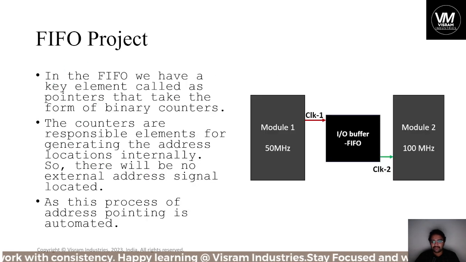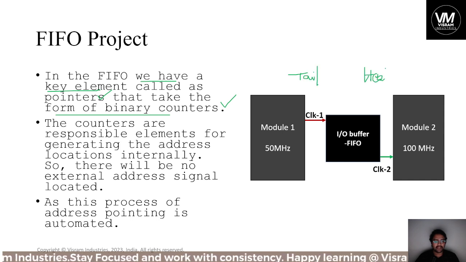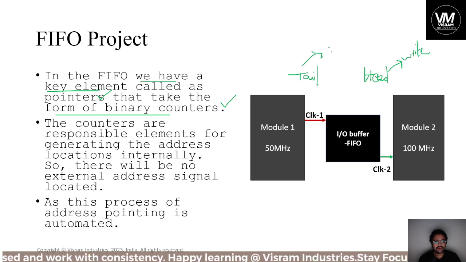In the FIFO, we have key elements called pointers that take the form of binary counters. We have seen a tail pointer and a head pointer. The head pointer is for writing, and the tail pointer is for reading, however you want to describe them.